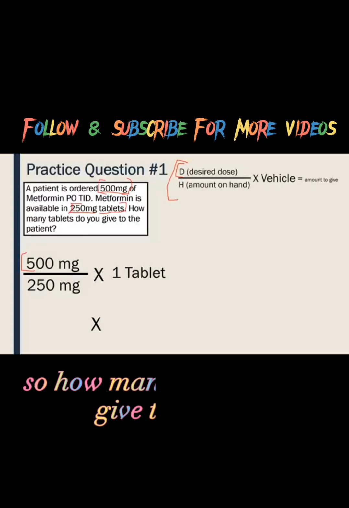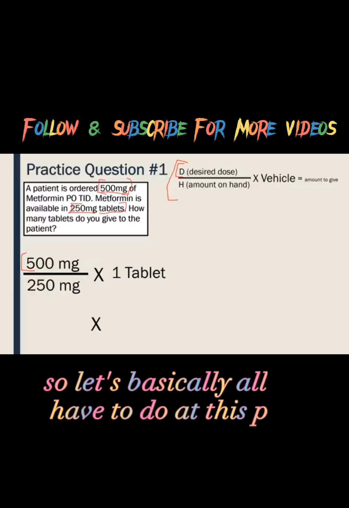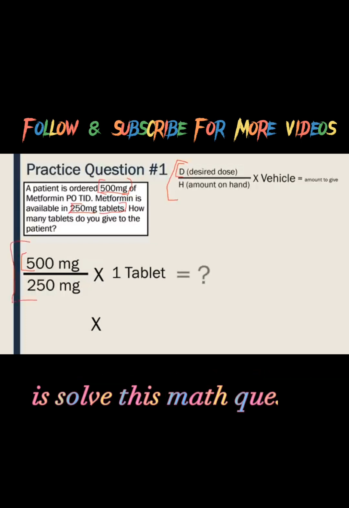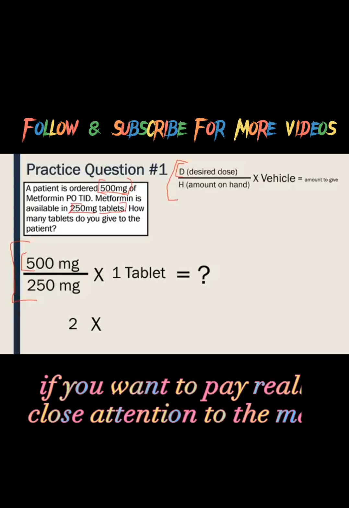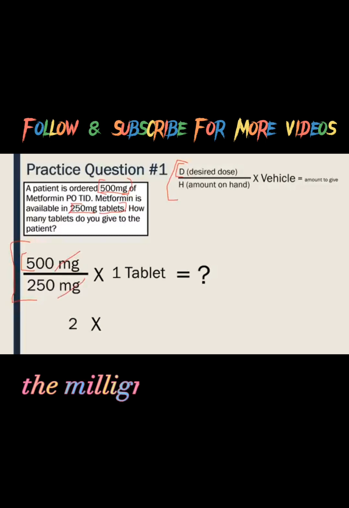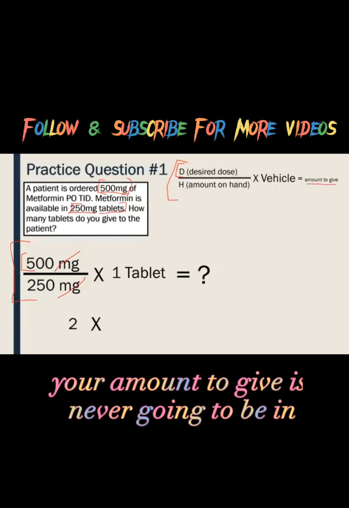So how many tablets do you give the patient? All you have to do at this point is solve this math question. 500 divided by 250 is 2. If you want to pay really close attention to the math, the milligrams are going to cancel out, so you're only going to be left with 2. Your amount to give is never going to be in milligrams.